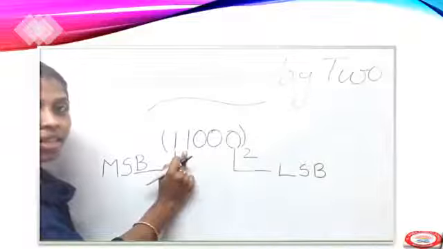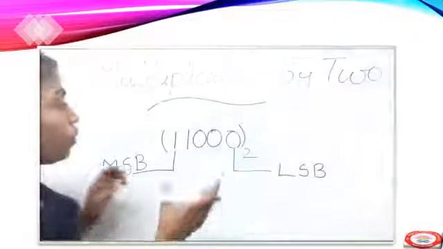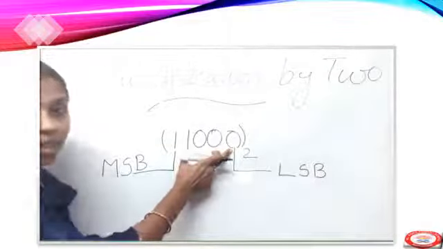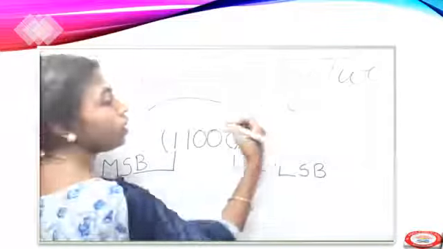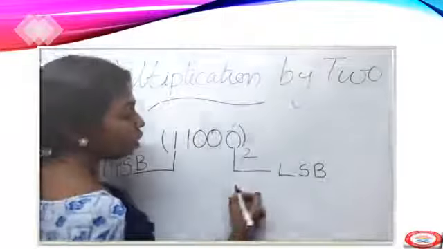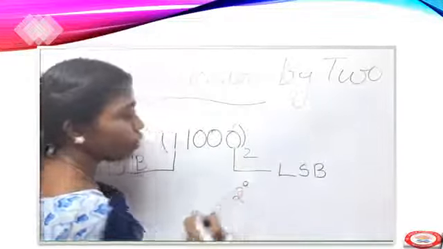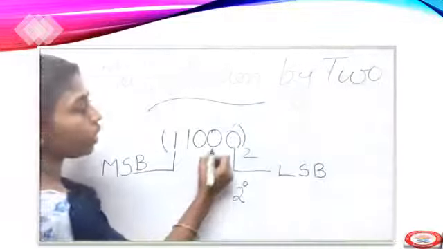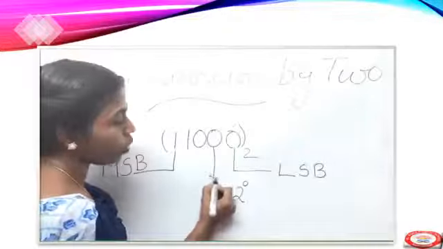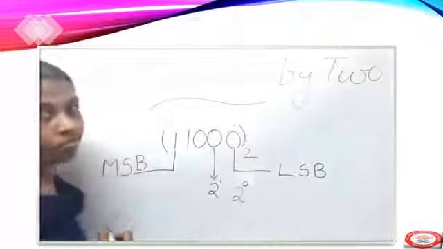Next, I am going to explain the place value of this binary number. Let us start from the right hand side. What is the place value of this 0? That is 2 to the power of 0. Then what is the place value of this 0? That is equal to 2 to the power of 1.